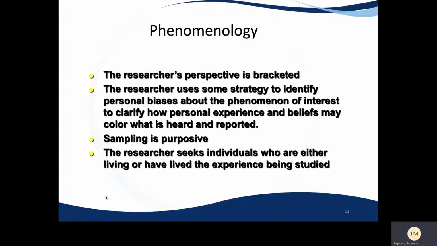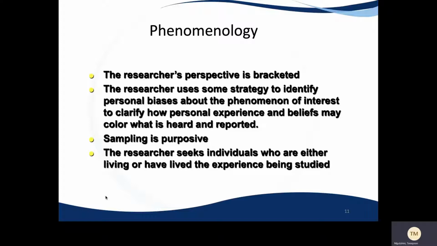So what researchers will do or aim for is to bracket anything that they believe might influence the way that they see or respond to the feedback they're getting.